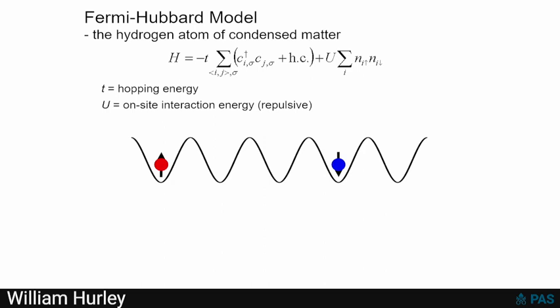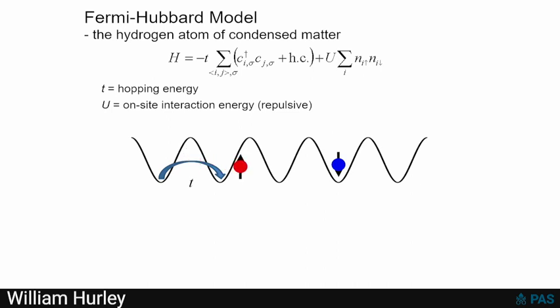This is the Fermi-Hubbard model. It's a very simple model to write down, but it suffers from what's called the sign problem, and it can't be solved on digital computers for any doping away from one atom per site.